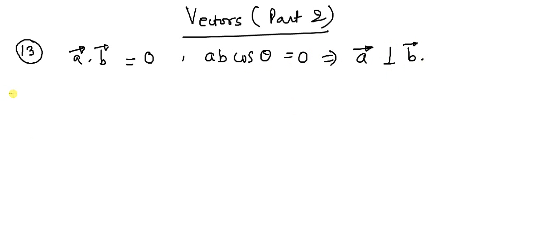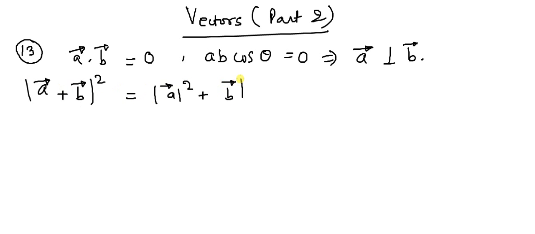Okay. Next point, it says if A vector plus B vector whole modulus whole square is what? It's simply the vector modulus whole squares, taken like this. Here you will not take your vector modulus, these are just brackets, and this is a dot product.